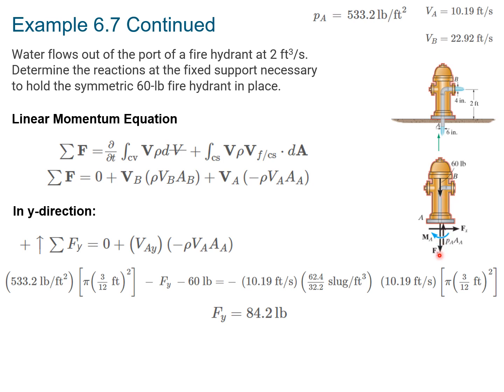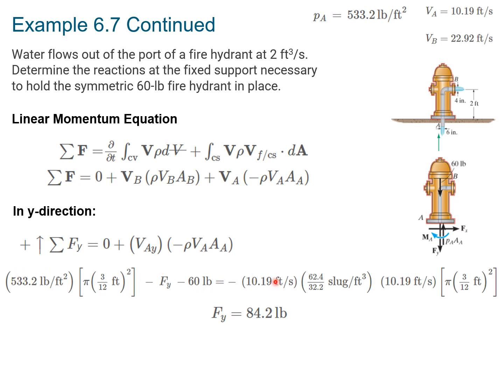Here we found the pressure P_A was 533.2 pounds per square foot, so we'll have the pressure times the area at A. Again, it's a 3-inch radius at A. So pressure times area, that's a force, minus F_y, the support force we're trying to find, and then we can't forget the weight of the fire hydrant, which is 60 pounds. So there are 3 forces on it.